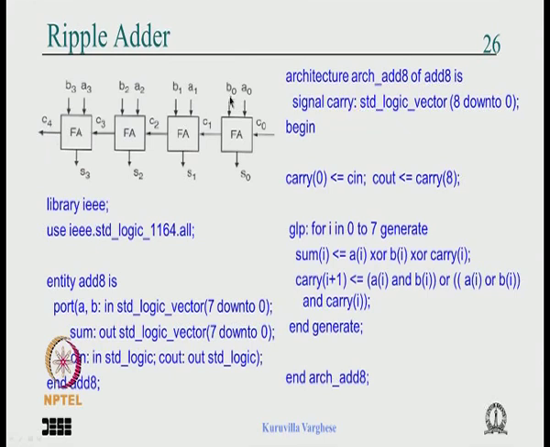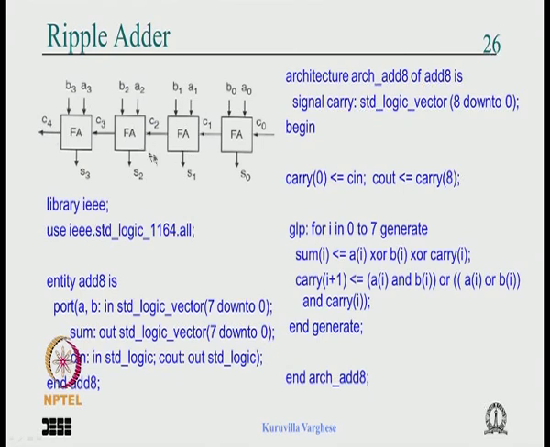Or if either of them is 1, the sum is 1, and a carry input of 1 will make it 0 and generate a carry. This is many a time called generate, A B is generate, A or B is propagate. If A and B are 1 it generates a carry from this stage, and if either of them is 1 then it propagates the previous carry to the next stage, and that is how the rippling happens.